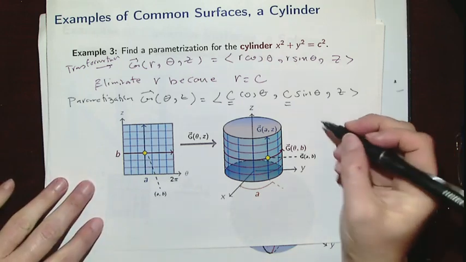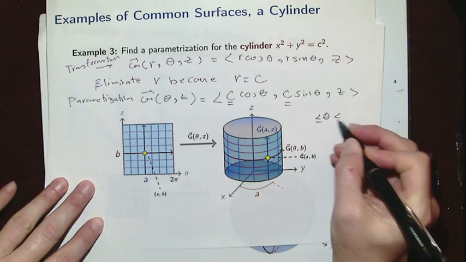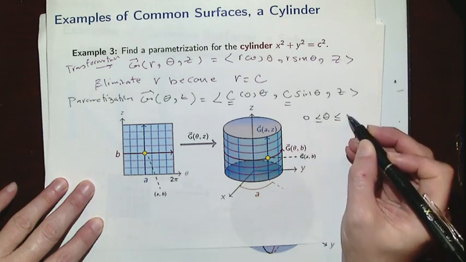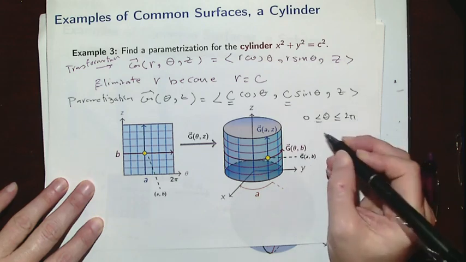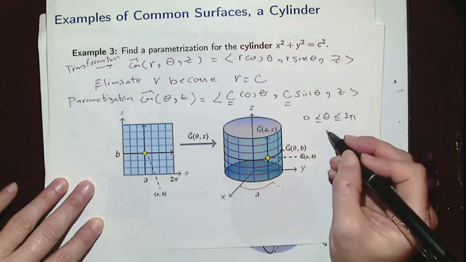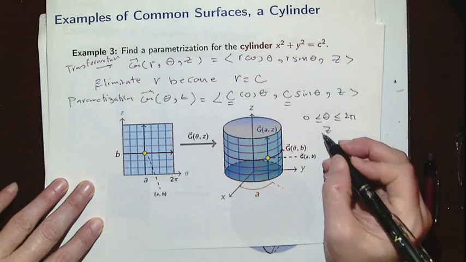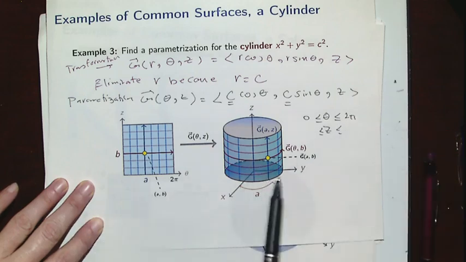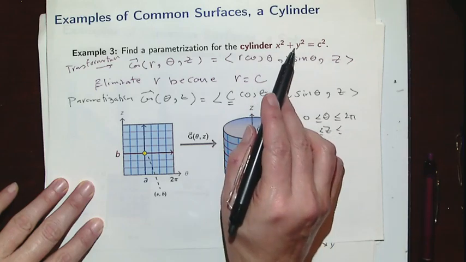Now, can you guys tell me the bounds? Theta, 0 to pi. And what else do I need bounds for? Z. Two parameters. In this case, it doesn't seem that it actually has a bound because it doesn't define any bounds.